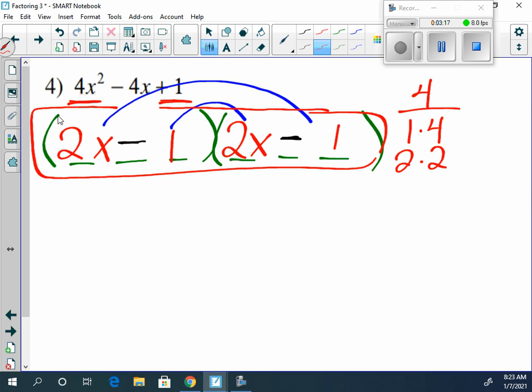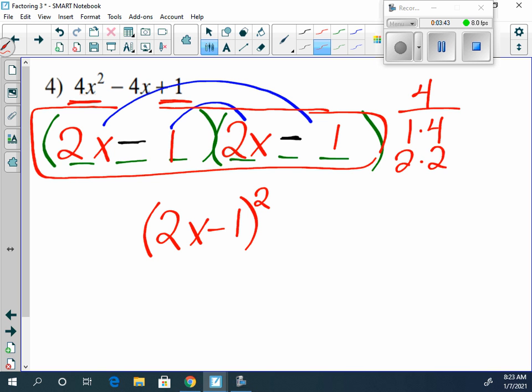So really, the factors for this are 2x minus 1 squared. If we wanted to write it simpler, we could write it as this here. So that's why this one here is considered a special factor, because the factors of the polynomial are pretty much the same thing. It's being multiplied by itself.